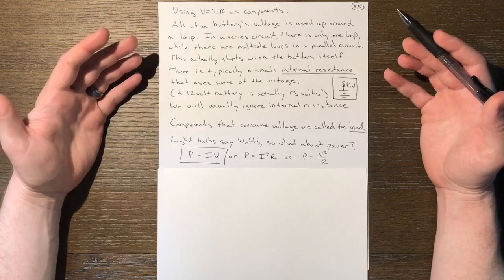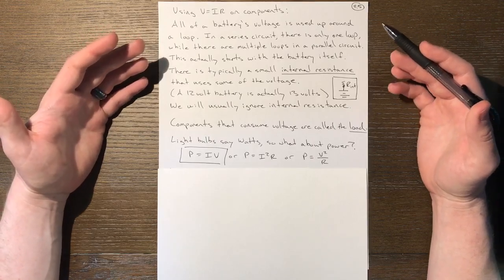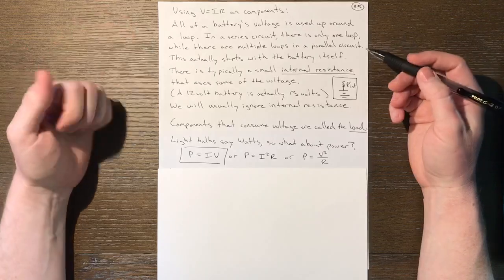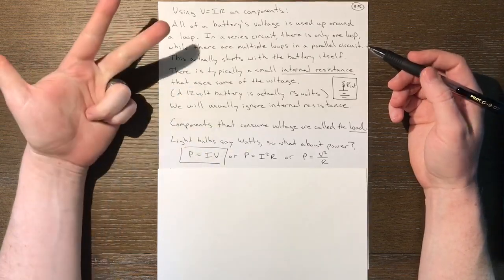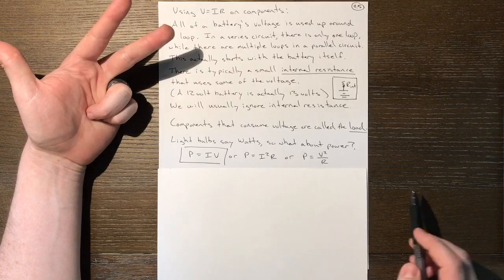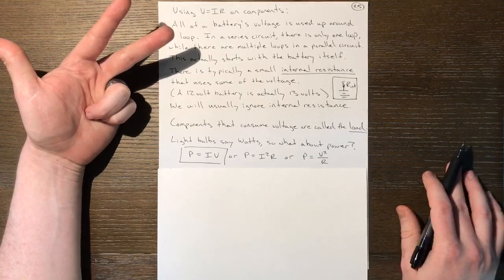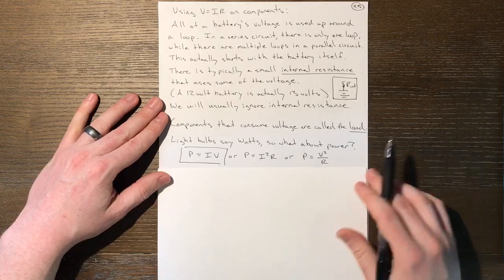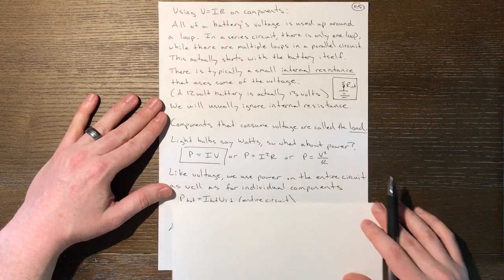And when we go to solve circuit problems, I think you'll understand, because I'm often going to get all of the information. I'm going to get all the I's, all the V's, all the R's before I start answering any questions. And so we can really use whichever of these equations we would like. So P equals IV is my go-to, but you can certainly use the others as well.